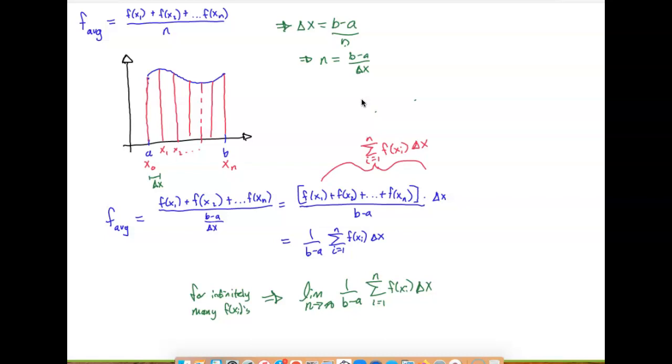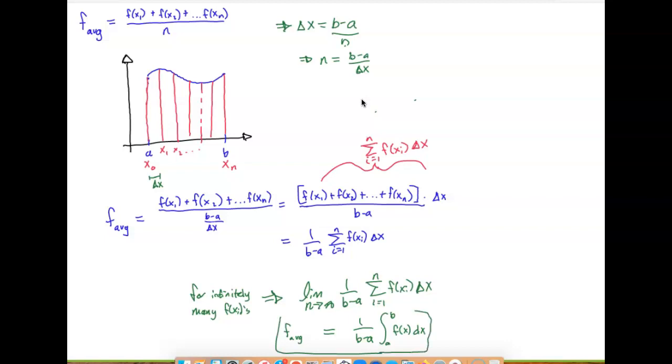That's the definition of the integral between a and b. It's just we have one constant multiple that we've added out front, the 1 over b minus a. So this equals 1 over b minus a times the integral from a to b of f of x dx. And that's how you find the average value of a function.